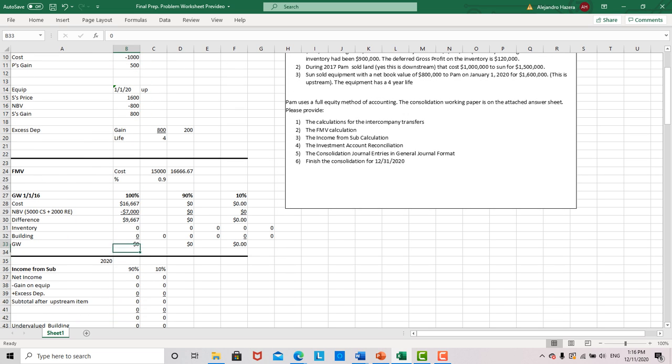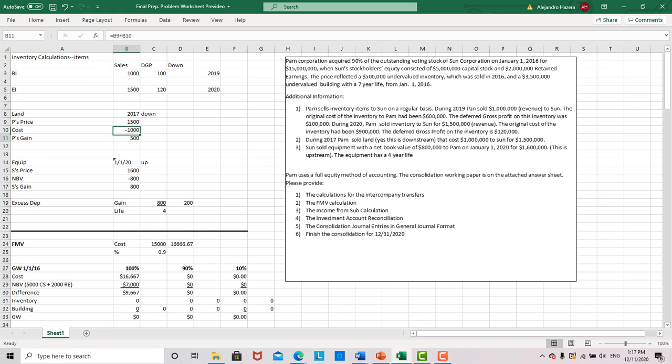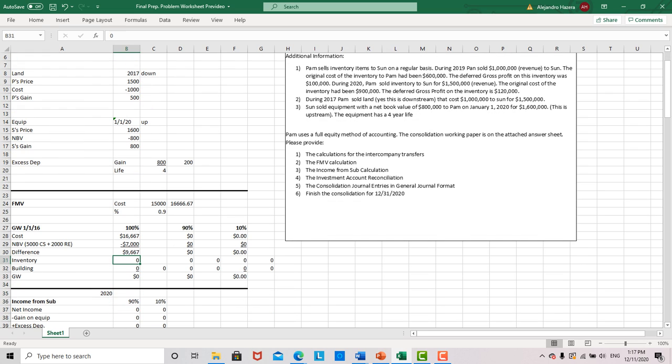So the inventory is minus $500,000, and the building is minus 3.5 million.